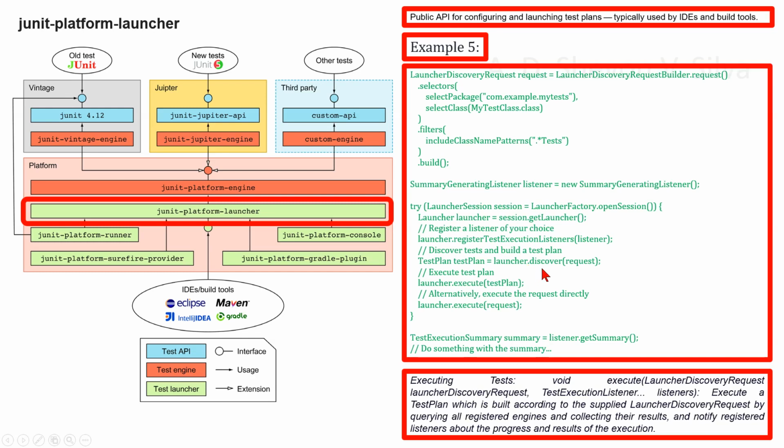Here the test plan discover launcher discovery request method discovers tests and builds a test plan according to the supplied launcher discovery request by querying all registered engines and collecting their results.